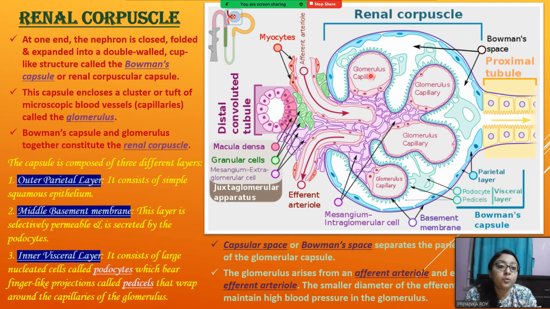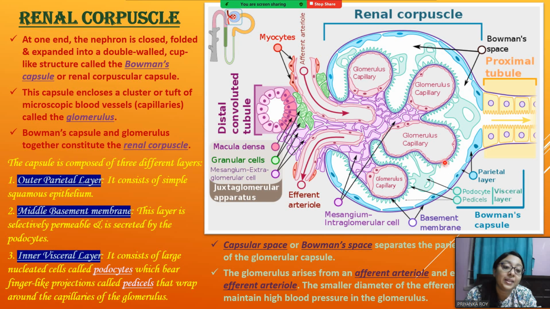This capsule has three different layers basically. The outer parietal layer, which is composed of squamous epithelium, this blue color thin layer. Then there is a basement membrane, as you can see, and also an inner visceral layer, the light blue color, which is composed of large nucleated cells. These cells are called podocytes, and they bear sharp finger-like projections.